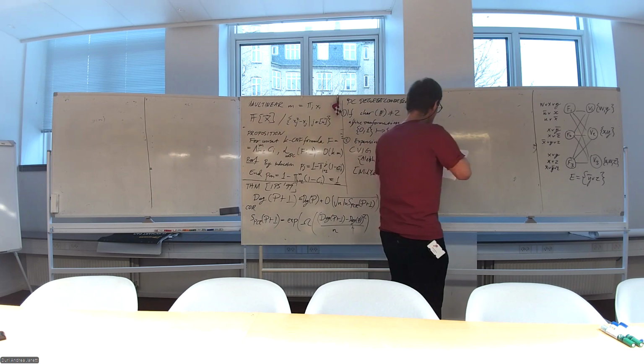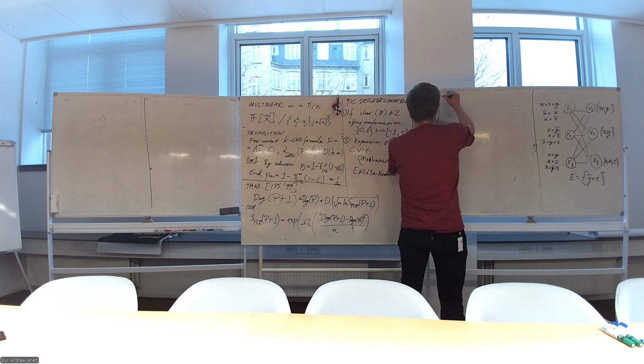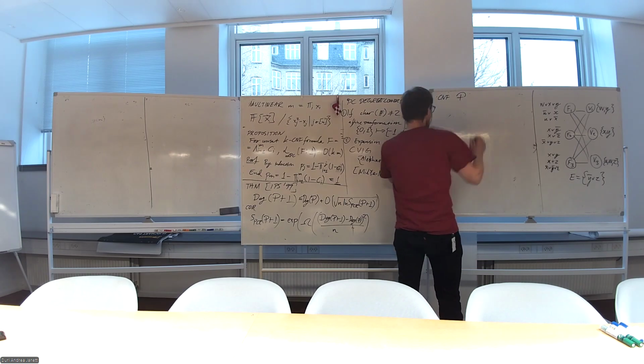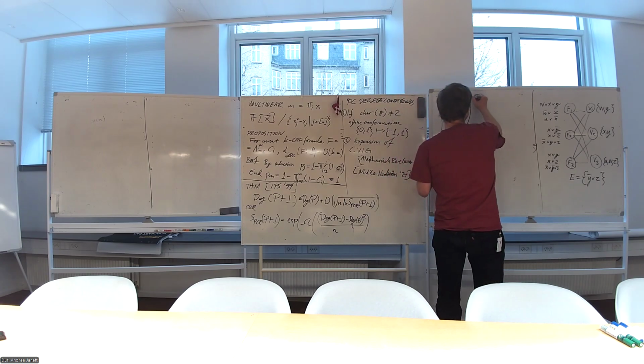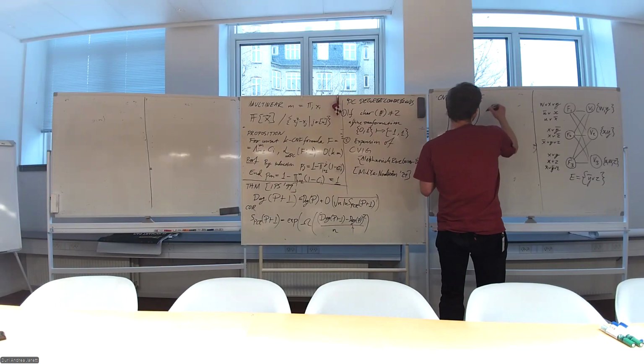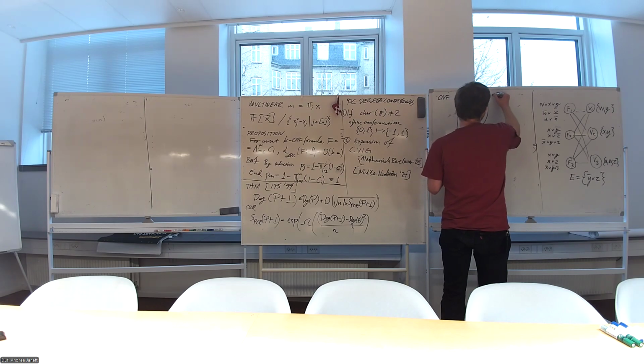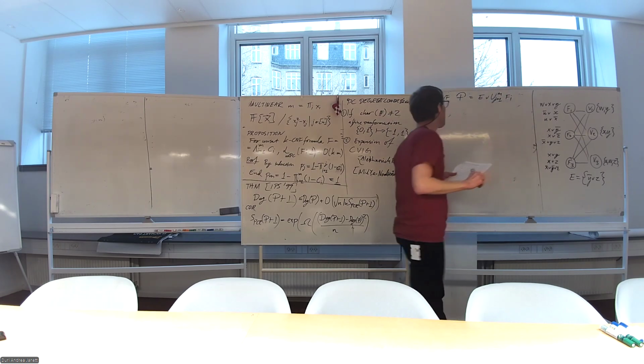Okay, so what did we do last time? So we had a CNF formula, fancy style F, and I wrote it as a partition of a clause set, a special mysterious clause set E, and then I had some other clause sets Fi.